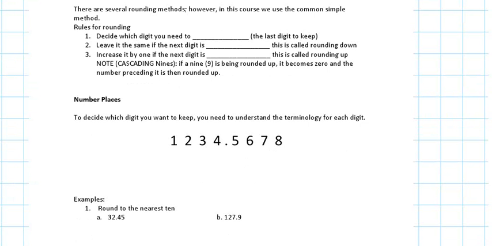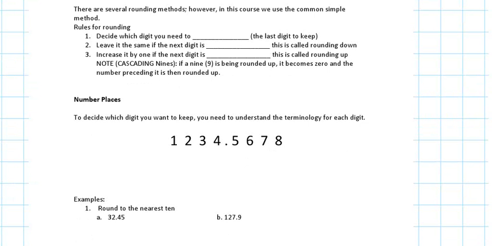The decimal is basically what splits your number, with whatever is before the decimal and whatever is after the decimal. Out of all these digits, 1, 2, 3, 4, 5, 6, 7, 8, which number is your ones?